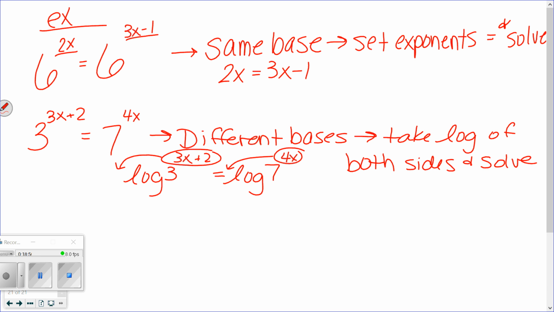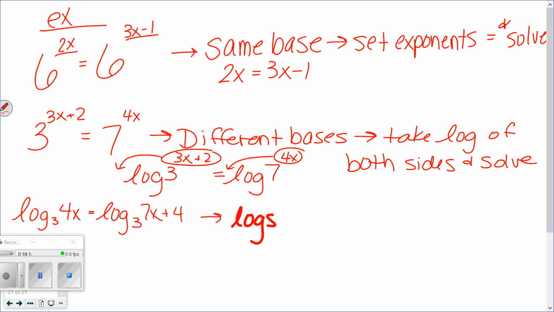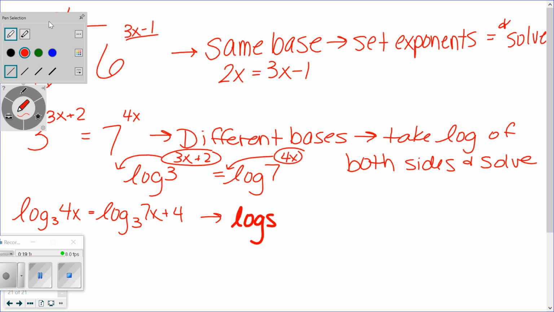That was what we did yesterday. And then today, what did we do? If you had log base 3 of 4x equals log base 3 of 7x plus 4. Good. So this is logs on both sides. It's just like the top one.